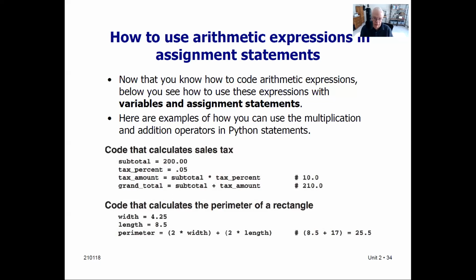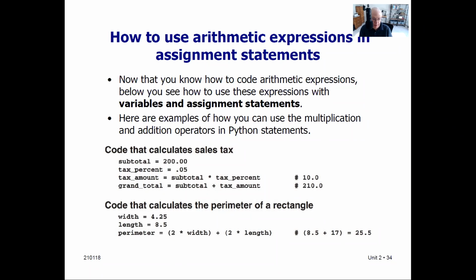So 0.05 is 5%. And then we're going to calculate the tax amount. We're going to multiply the subtotal by the tax percent, and the answer is 10.0.